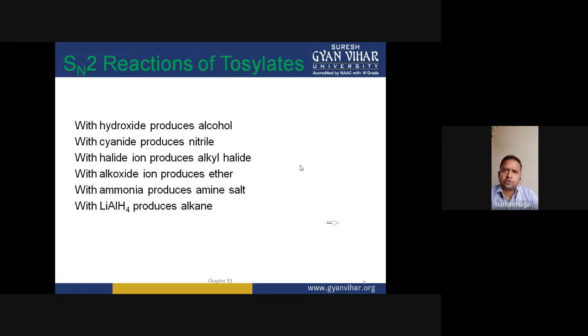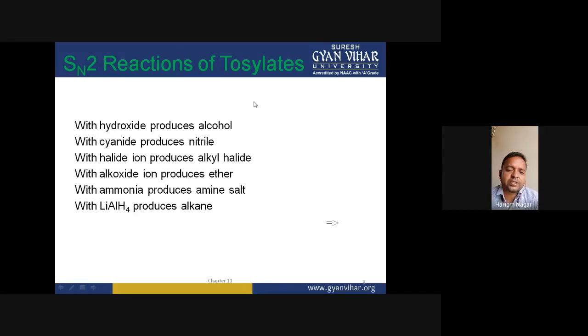Alcohol also gives SN2 reactions with compounds like hydroxide, cyanide, halide, alkoxide, ammonia, lithium aluminum hydride, and can form these categories of compounds. But why do we first convert alcohol into the tosylate ester, and only after that react the tosylate with these groups to produce these categories of compounds? So why?